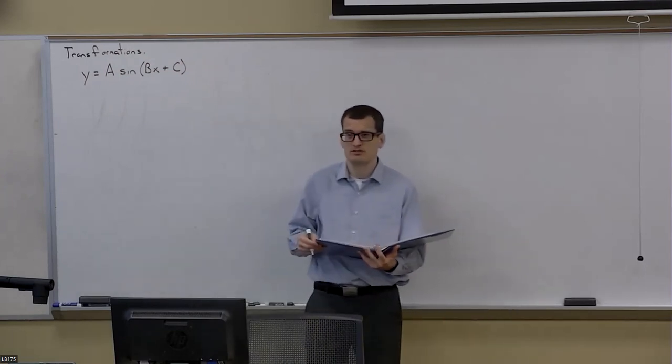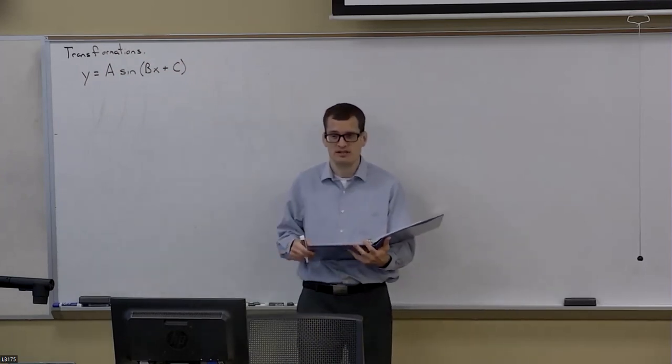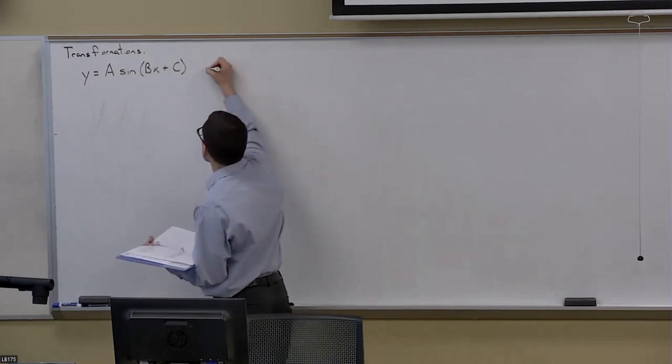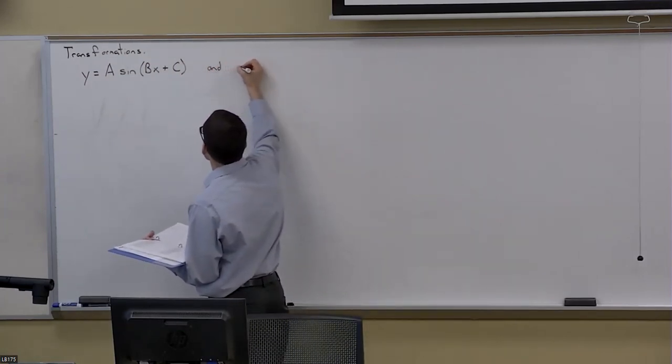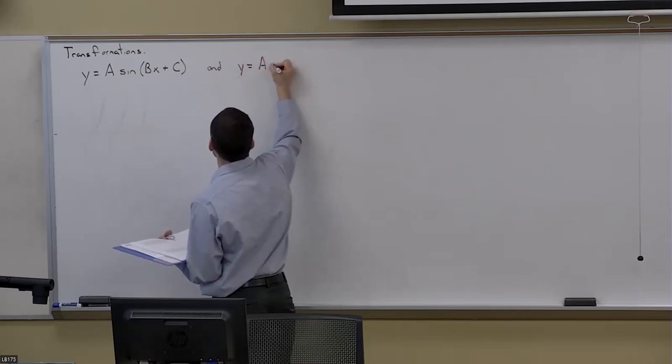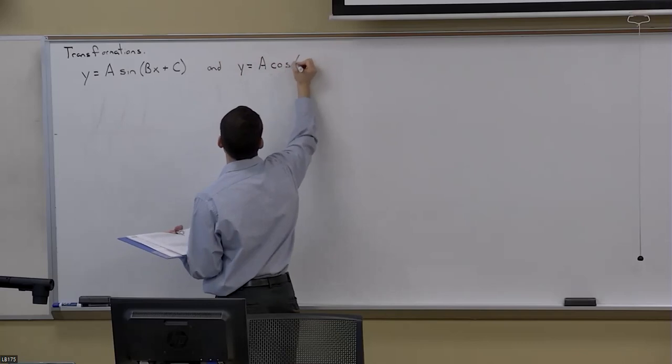We can always do a vertical shift by adding k on the outside or whatever it happens to be. And we'll also take a look at cosine at the same time because they are so similar.